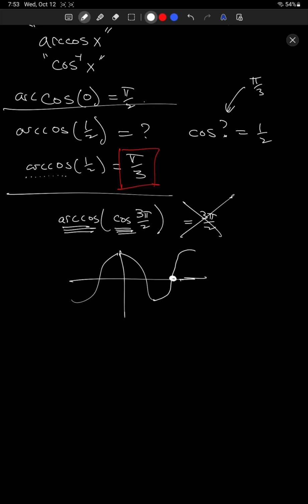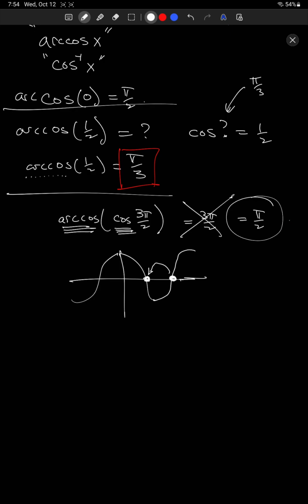When we're thinking about our cosine function, we want to look at the equivalent point that's between 0 and pi, and that would be this one. Cosine of 3 pi over 2 is the same as cosine of pi over 2, which is 0. And so this is actually going to be pi over 2.